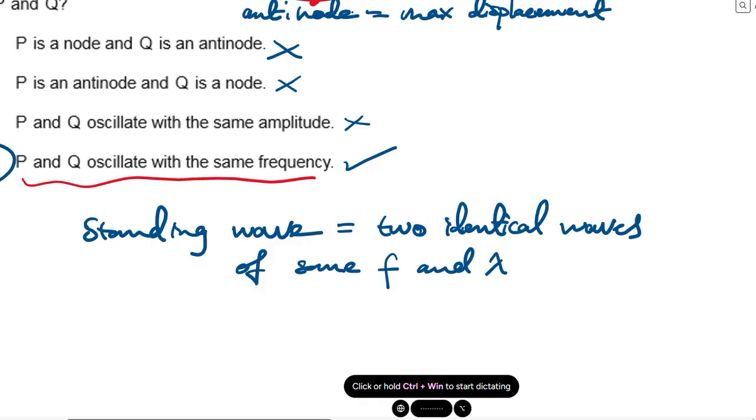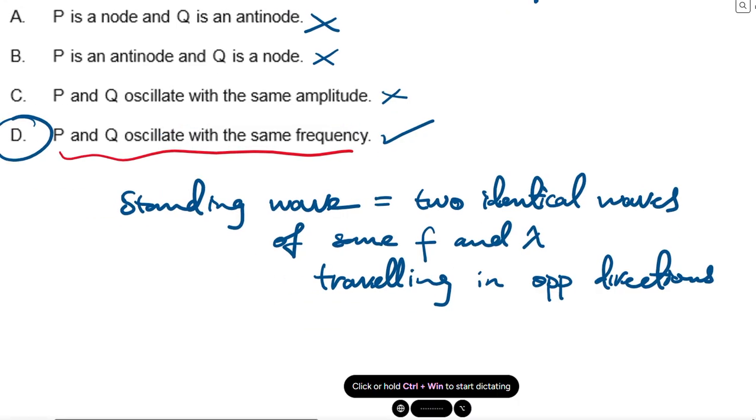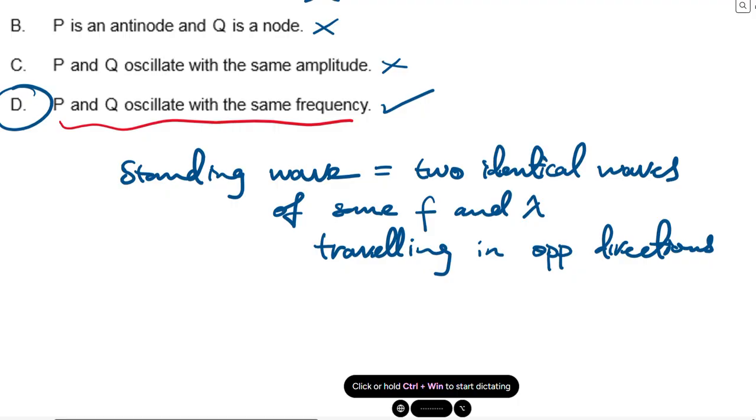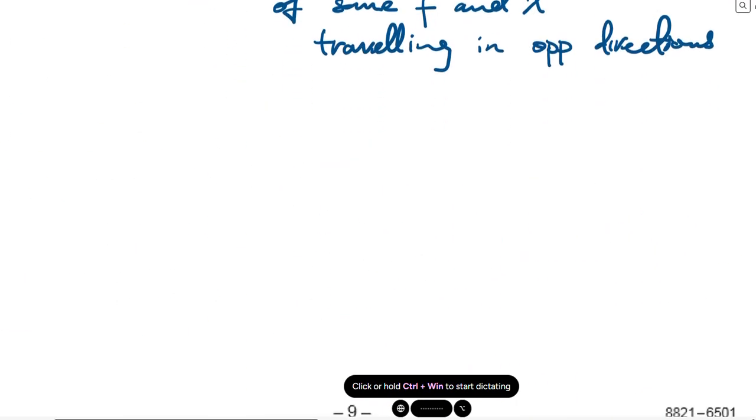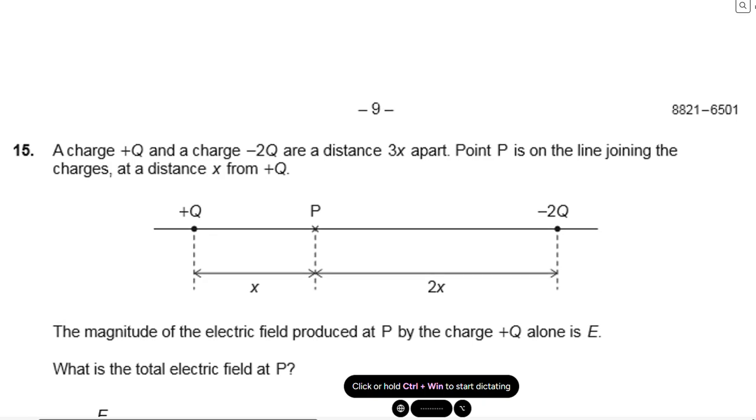So they need to be identical and traveling in opposite directions. And so that's how we have the same frequency at all points, because it's just two waves with the same frequency. And so on to, this is topic D.